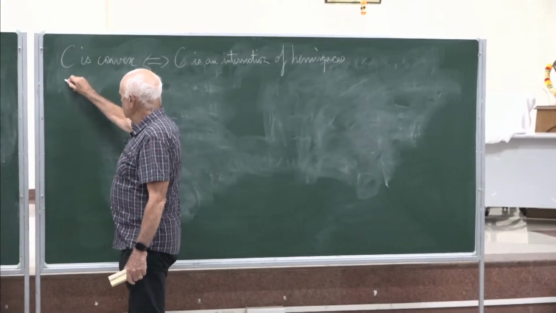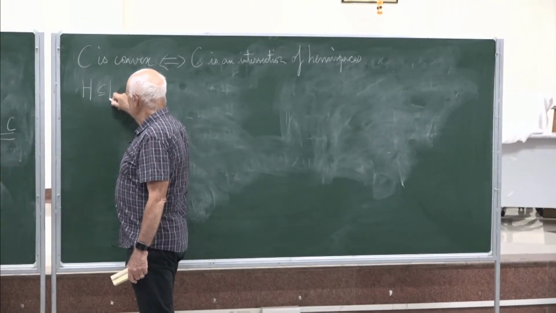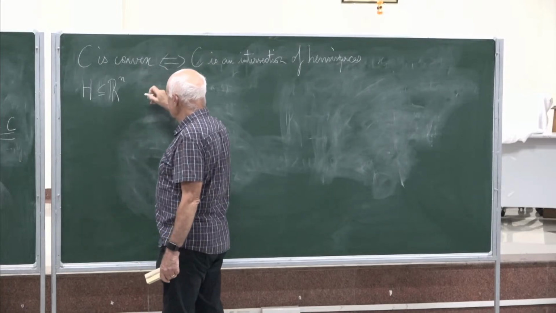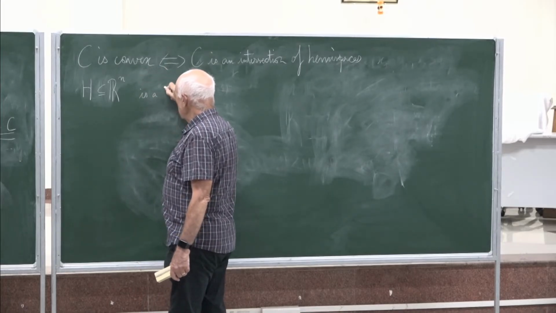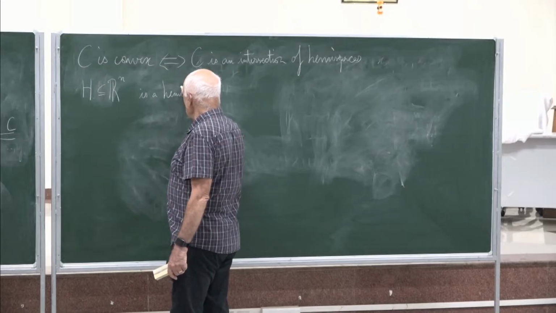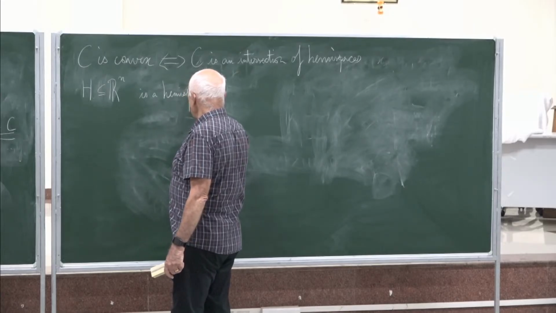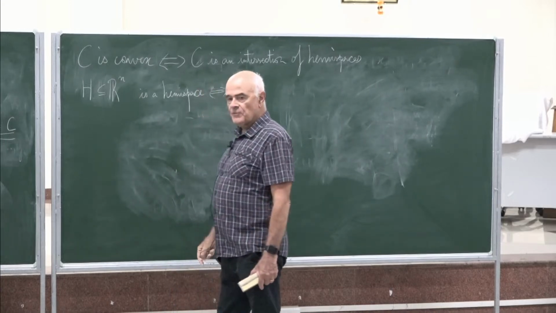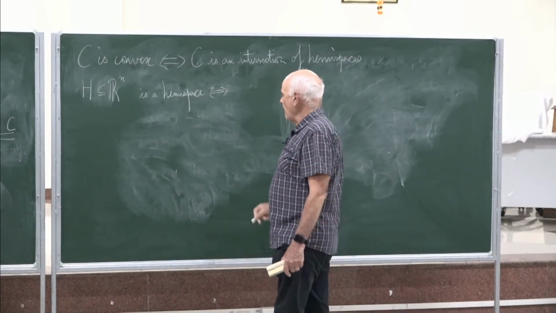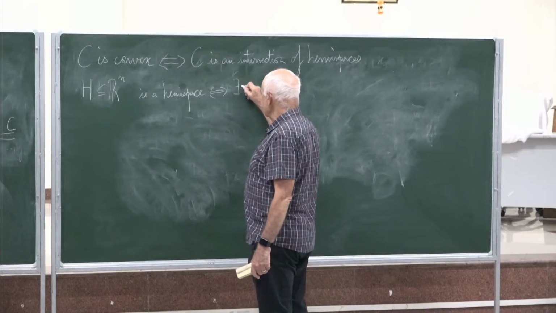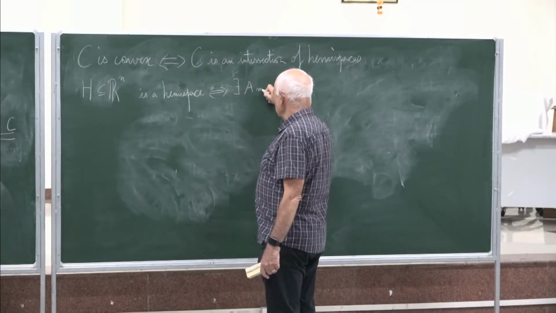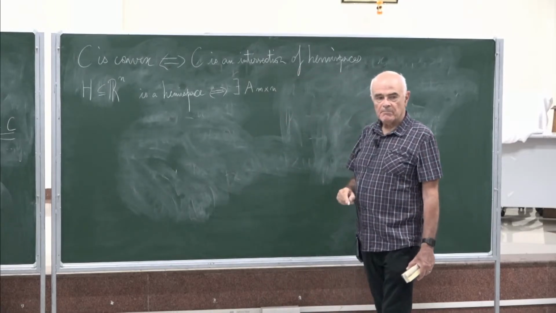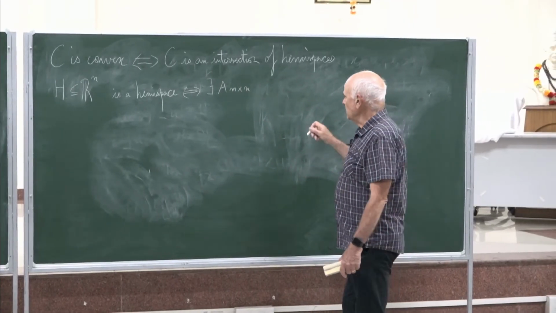H is a hemispace if and only if there exists a matrix A, m by n with m less than or equal to n.